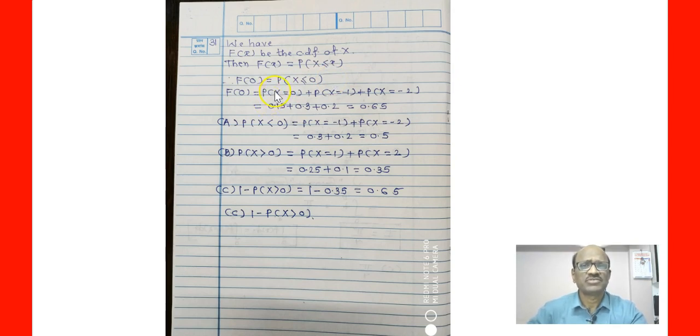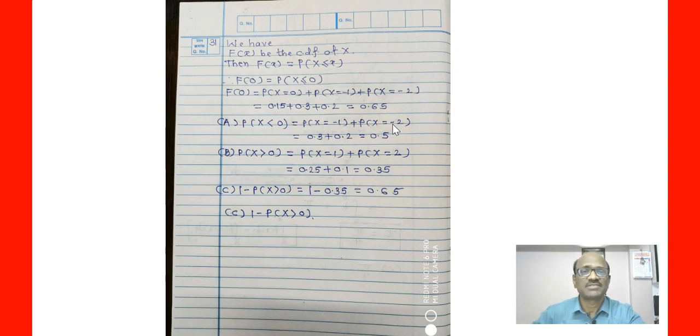F of 0 is equal to, less than or equal to 0 means 0, minus 1, minus 2, and their corresponding values, that is 0.65. Now check here, capital X less than 0, then you will get minus 1 and minus 2.